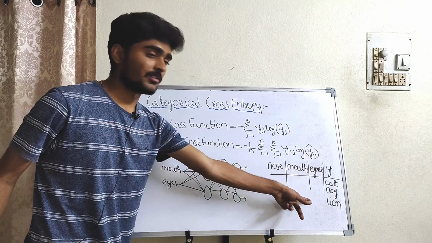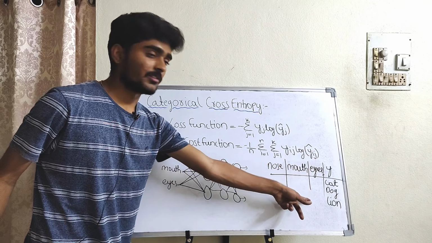Now for this neural network we'll be having some output when our first training example is sent as input. We'll be getting some predictions for cat, dog, and lion.